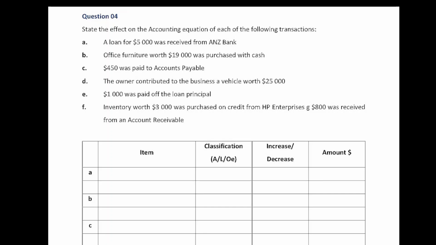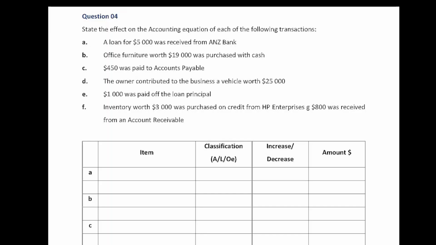Loan was received, 5,000. What are the items affected? You receive a loan. Asset increase. Which asset? Cash at bank. Very good.